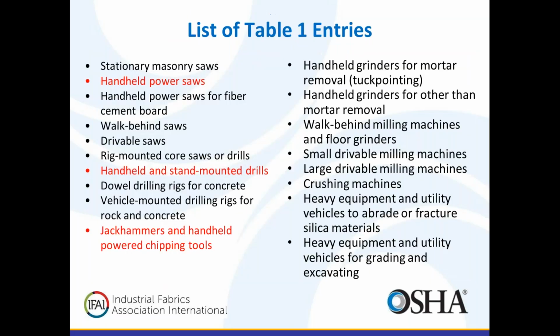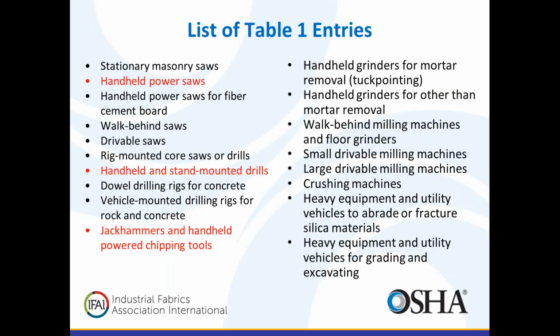Okay, here's a list of the 18 different procedures or tasks that are listed in Table 1. And I have highlighted in red the ones that I think might be pertinent to your industry. Not everything in the world is listed there.